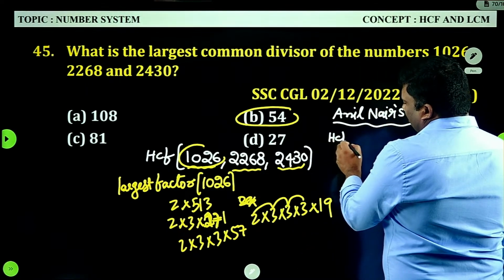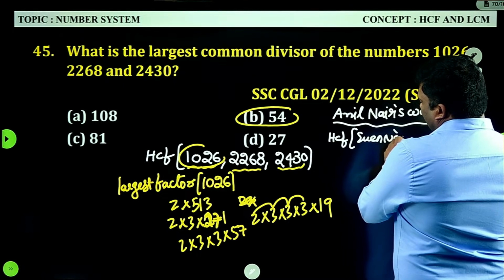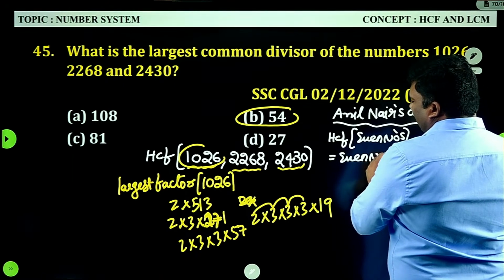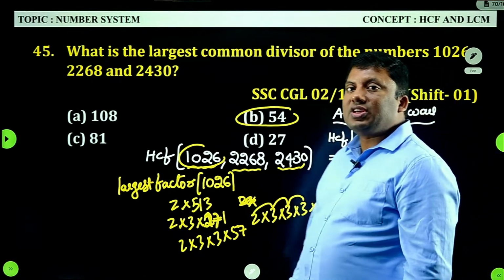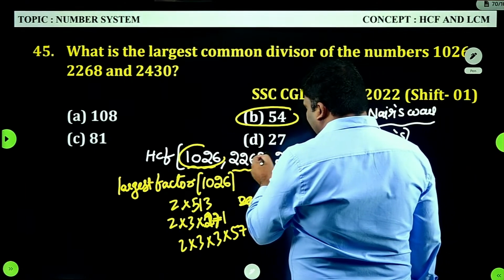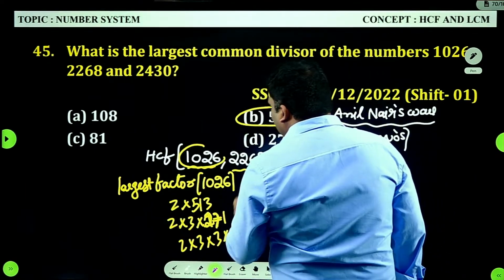The HCF of even numbers is always an even number.